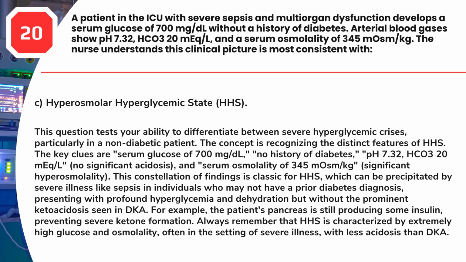This constellation of findings is classic for HHS, which can be precipitated by severe illness like sepsis in individuals who may not have a prior diabetes diagnosis, presenting with profound hyperglycemia and dehydration but without the prominent ketoacidosis seen in DKA. For example, the patient's pancreas is still producing some insulin, preventing severe ketone formation. Always remember that HHS is characterized by extremely high glucose and osmolality, often in the setting of severe illness, with less acidosis than DKA.